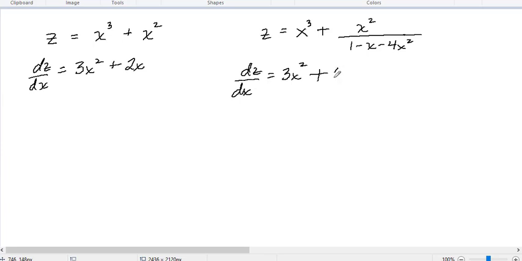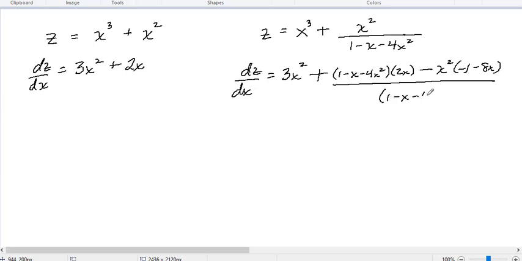You start low, low as it is, d high is 2x, minus high as it is, d low is negative 1 minus 8x, and then that part over low, whole thing squared.